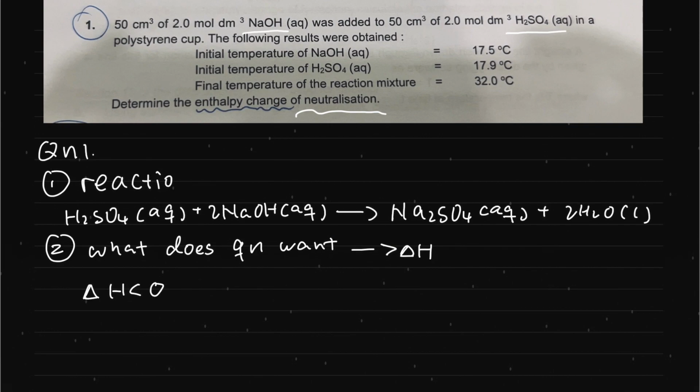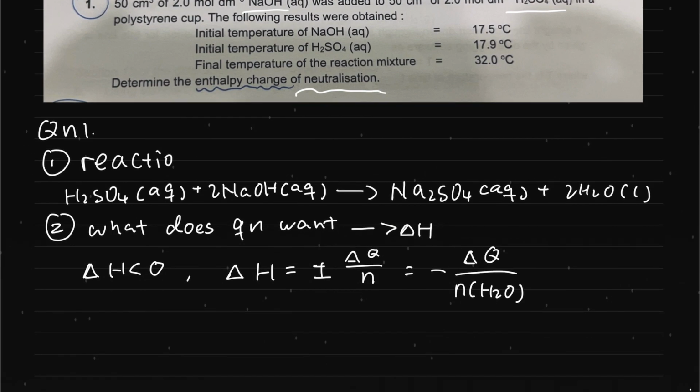The equation we need for this enthalpy is ΔH = ±ΔQ divided by n, where more specifically, it's not plus minus here. It's minus because we said it's smaller than 0. And n is, of course, water, because it's a neutralization reaction.